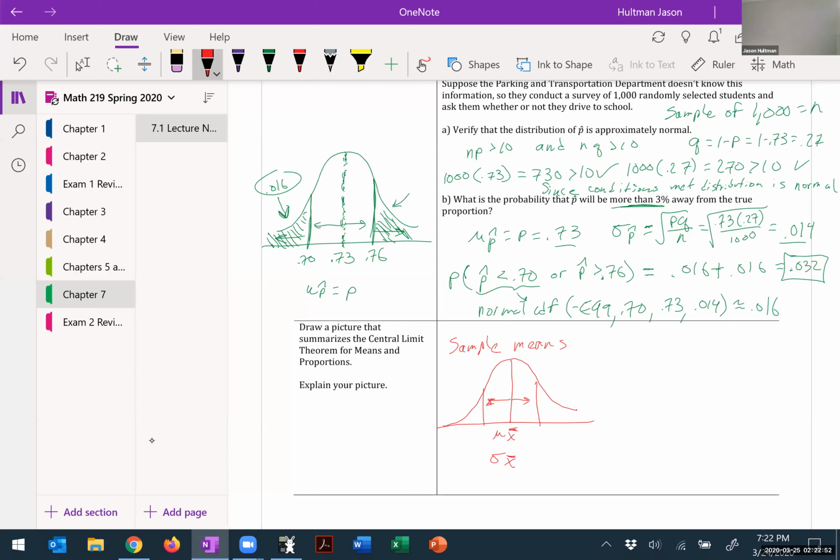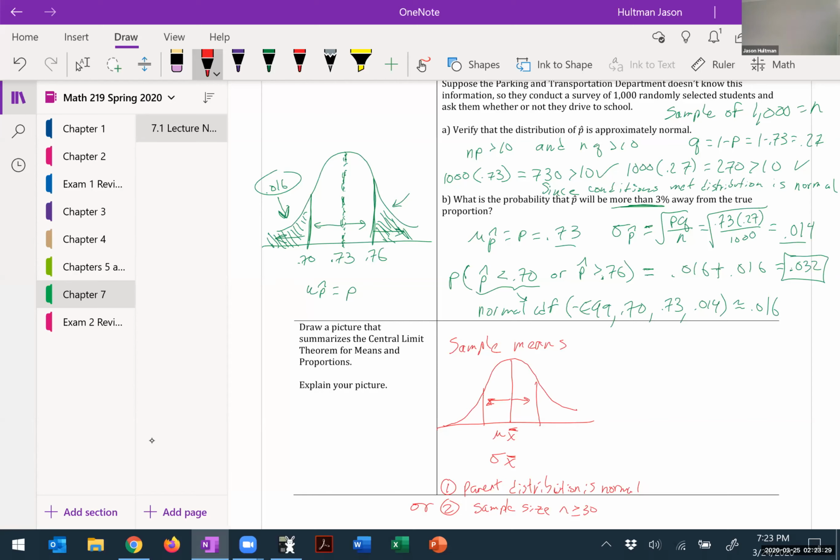In order for this to be true, one, the parent population or parent distribution is normal, or two, the sample size n is greater than or equal to 30, which we didn't do any of those for the sample size. We did do one for the proportions.